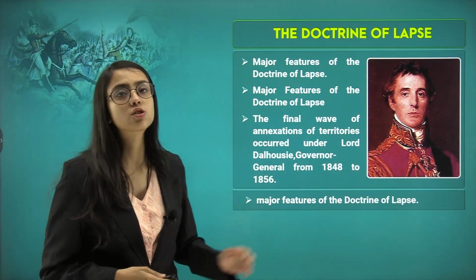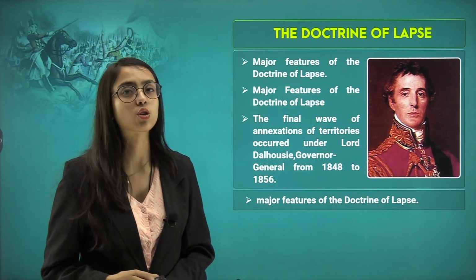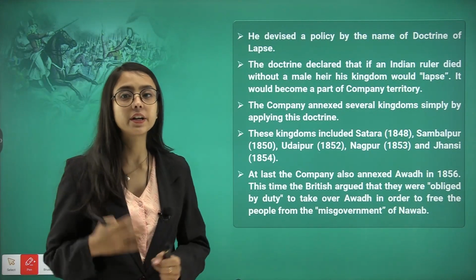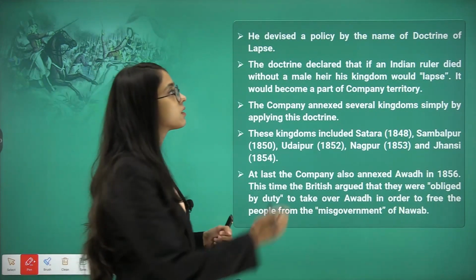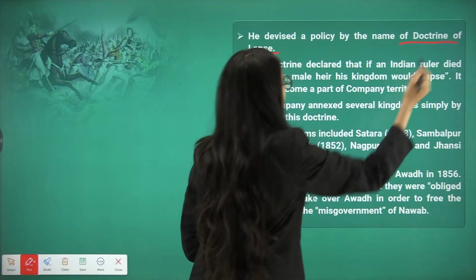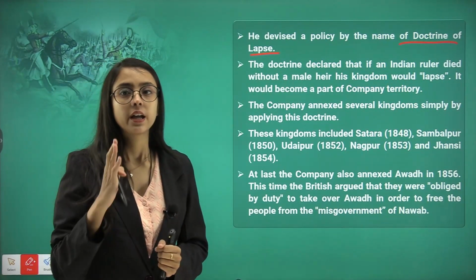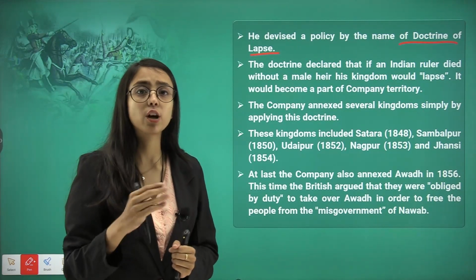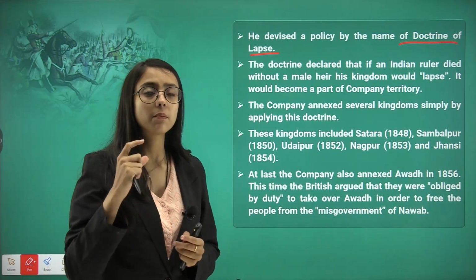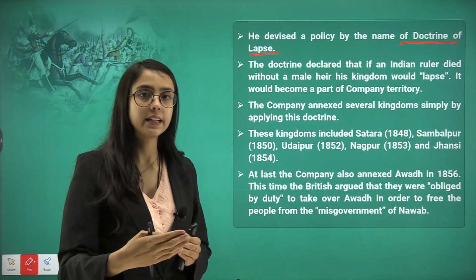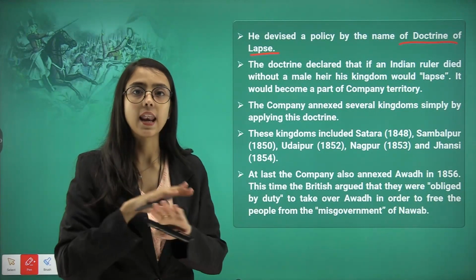What were the major features of this doctrine of lapse? He devised and formulated a policy which was named the doctrine of lapse. The doctrine declared that if any Indian ruler died without a male heir, a male prince who could succeed the kingdom and lead it, that kingdom would lapse.